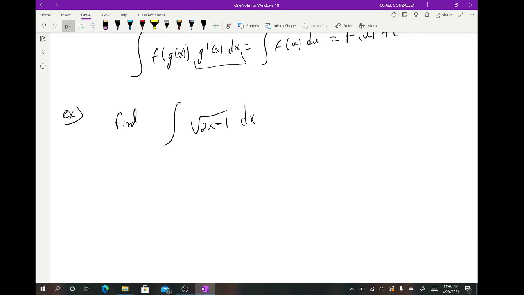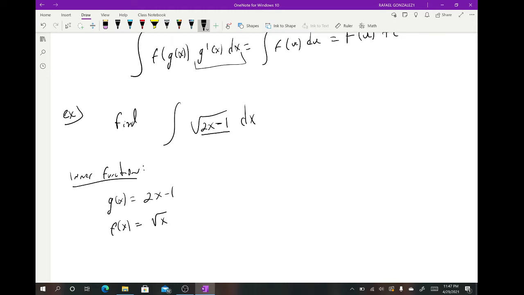Now, the first thing that you should do is recognize the inner function. So the inner function is g of x, so g of x is going to be equal to 2x minus 1. The outer function, f of x, is the radical itself. So it's radical x.